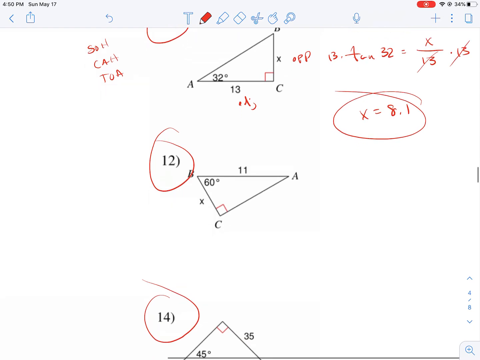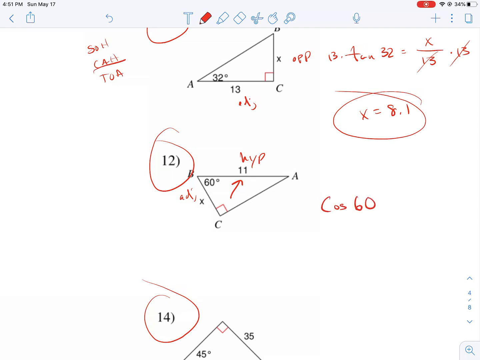The next one. So, 60 degrees here. This is our hypotenuse, remember, because it's directly across from our right angle. This is our adjacent side. So SOHCAHTOA, which one involves our adjacent and our hypotenuse? Well, that's cosine.